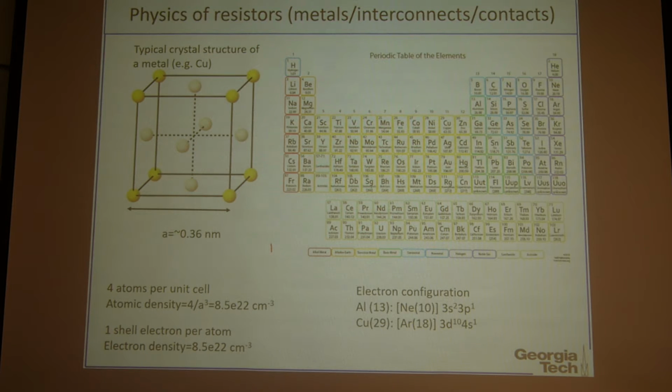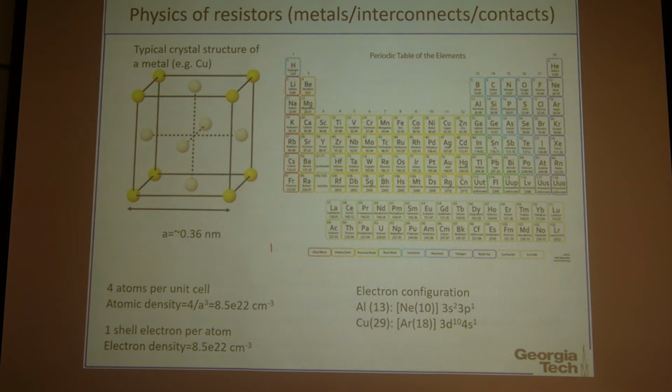And then if you convert nanometer to centimeter, you have 10 to negative 7. So if you do the conversion, I will leave this conversion to you, but if you do that, you get this. So that means within 1 centimeter cubes, this kind of volume, you have 8 times 10 to the power 22 electrons. So that is the density for the electron.